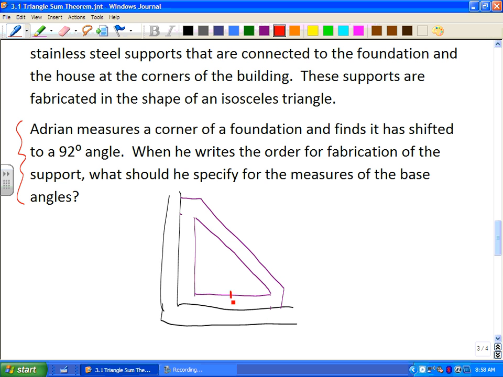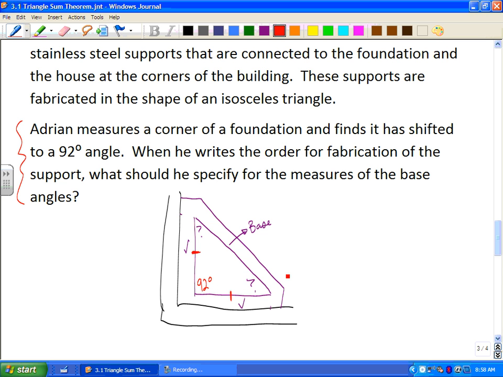We know it's an isosceles triangle, so it's going to be the same here and here. That's the same length. Now, the foundation meets here, so it's 92 degrees. What we want to know is what angles the base angles need to be. Remember, the base angles are where the leg and the base meet. So if this is my leg and this is my leg, this is my base. And those two would be my base angles.